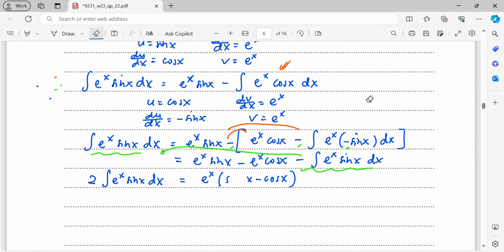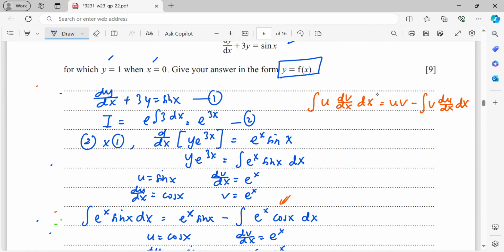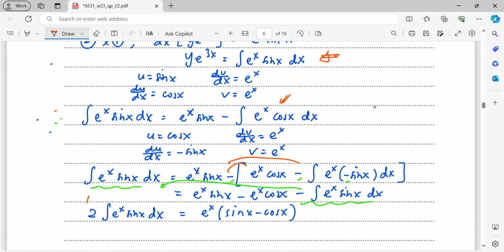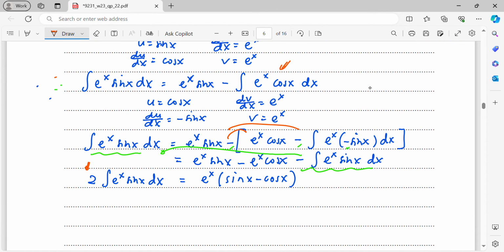Okay, our question is integrate e^x sin x. But now I'm getting 2 times the integration. Therefore, the 2 must be moved to the other side. But remember, this integration without limits, supposedly you plus k, or plus c, or any other arbitrary constant.